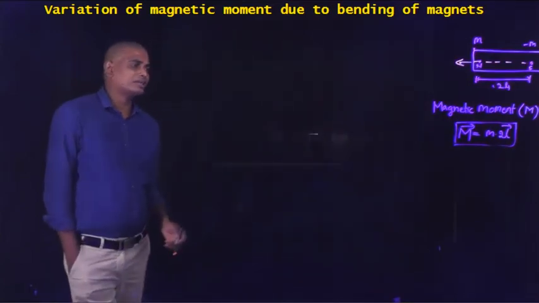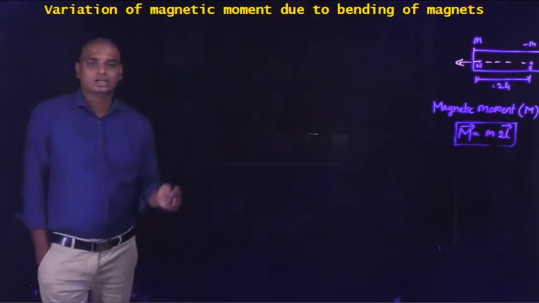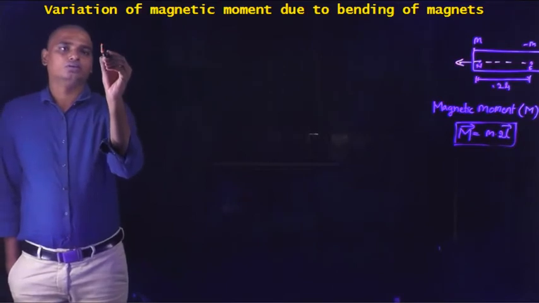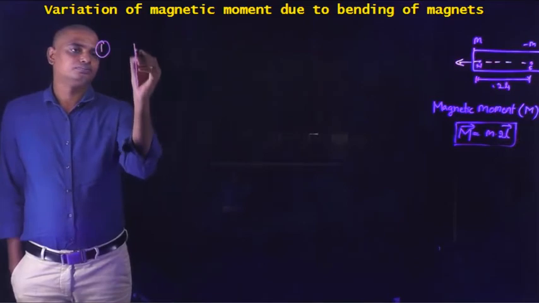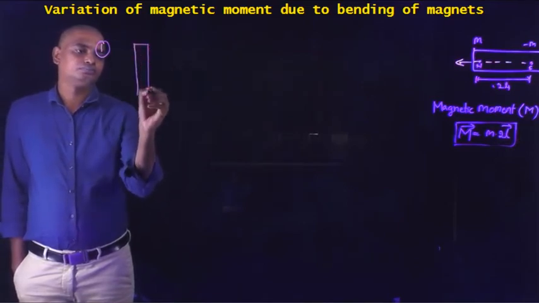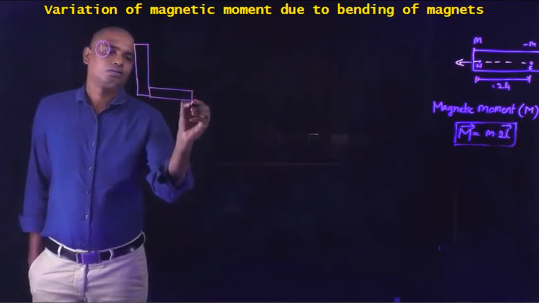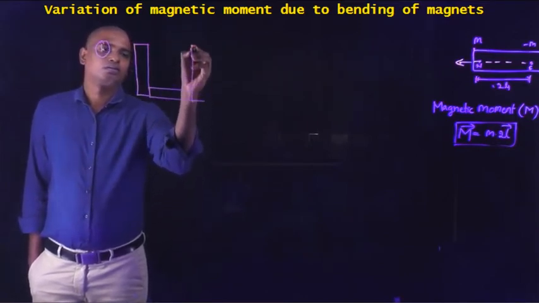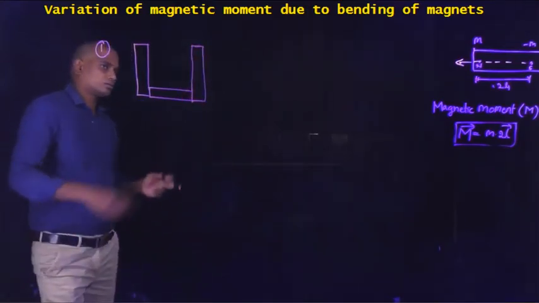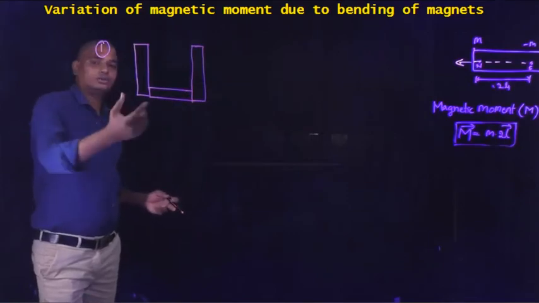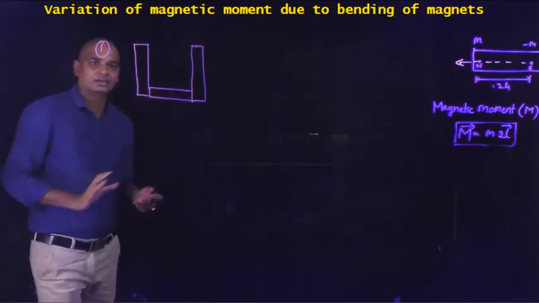So in our first case, let us bend this bar magnet into a U shape. As the considered bar magnet is bent in the U shape in this form, let us consider it has three different parts, three different limbs.